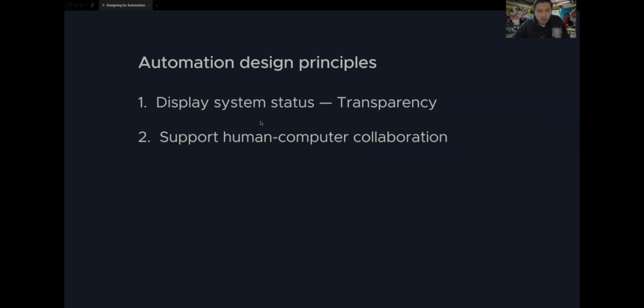Automated products always should support human-computer collaboration, because it's important when some part of the process is more suited to a computer, whereas others are more appropriate for a human.